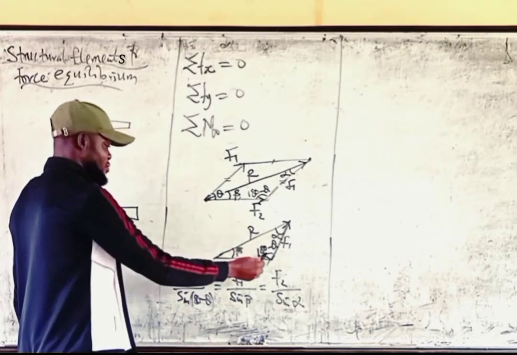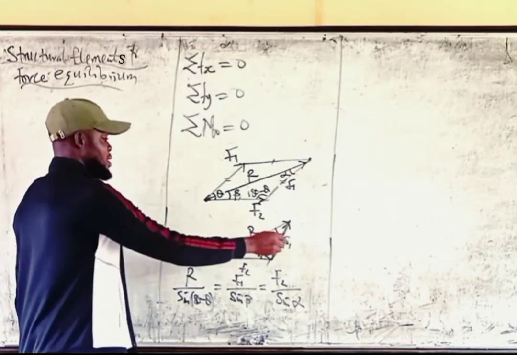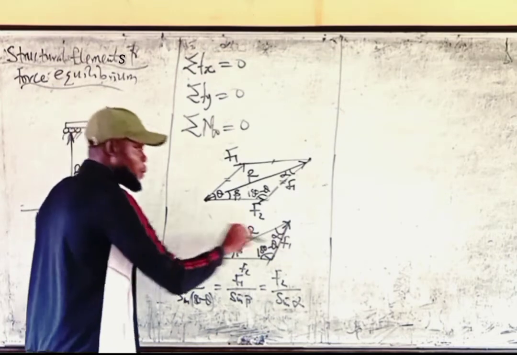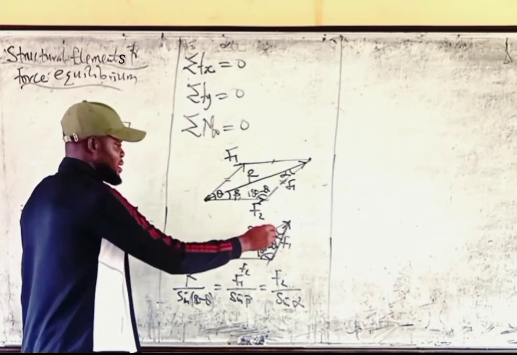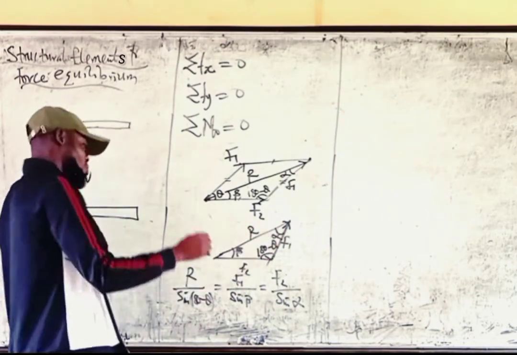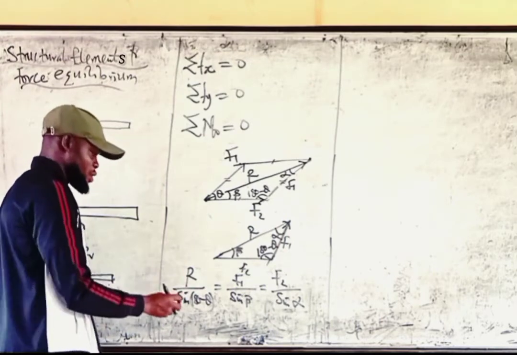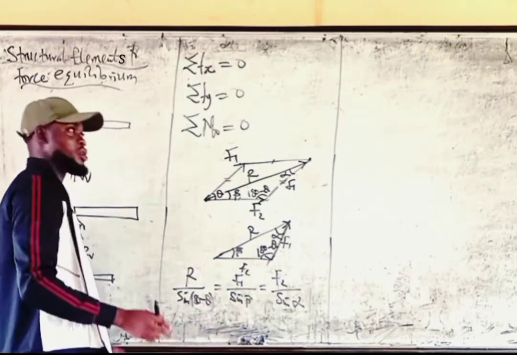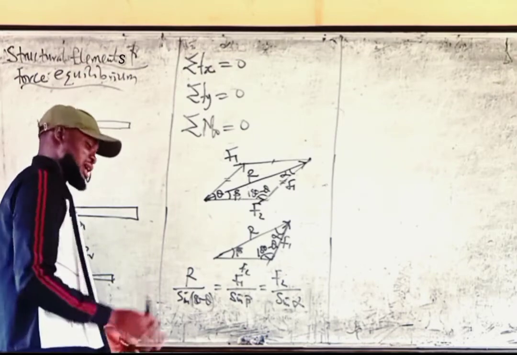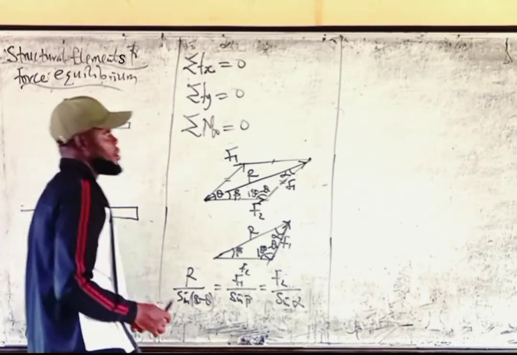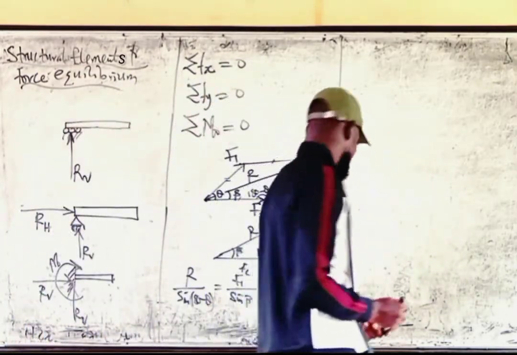So R over the sine of this angle must be equal to F1 over the sine of the angle opposite to it, and also equal to F2 over the sine of the angle opposite to it. If you want to solve this equation, solve them in twos. You solve the one that has no unknown and the one that has just one unknown, so that you'll be able to resolve it to get the answer.